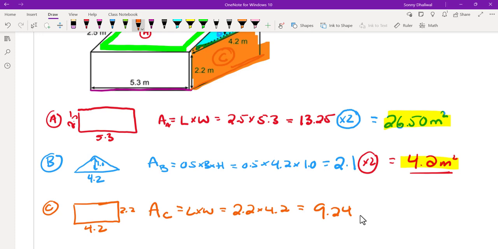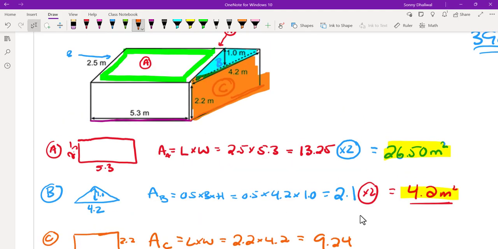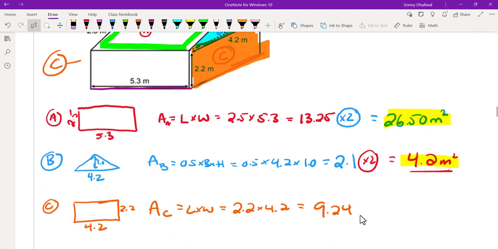Yes, on the other side. If you go this side of the house and the other side of the house, there's two of them. There's another side C. So we double that to 18.48.